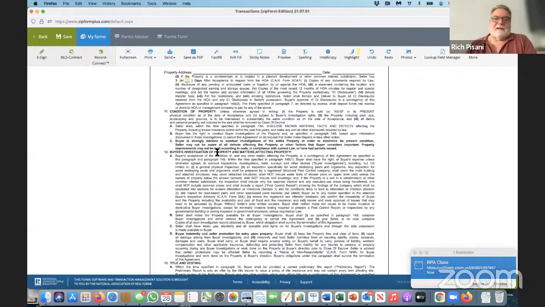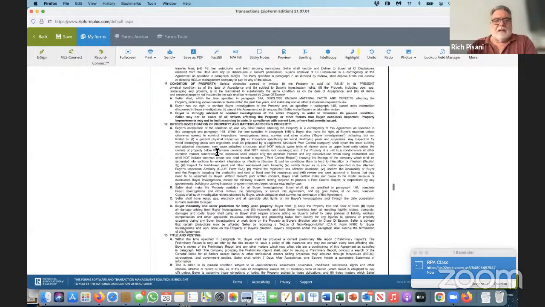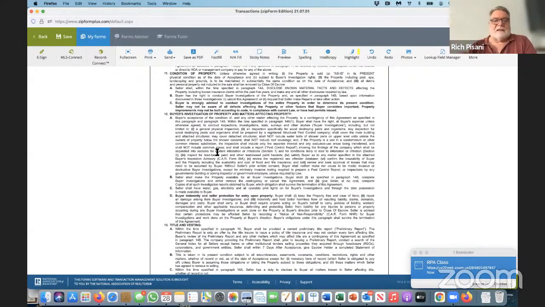The buyer can conduct their inspections, and whatnot. But every property in the state of California is sold as is. So you can write all you want and it's sold as is, and it's just a waste of ink as far as I'm concerned.